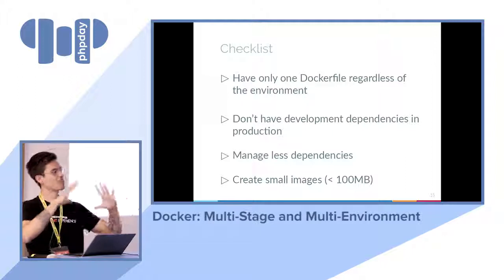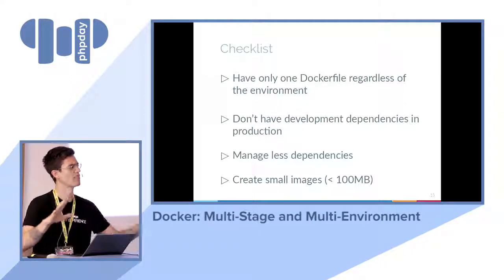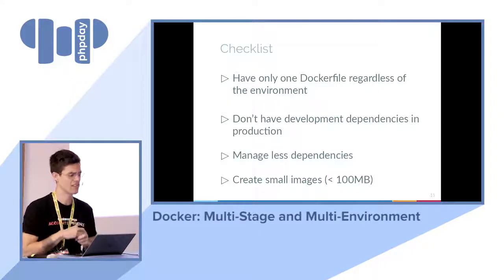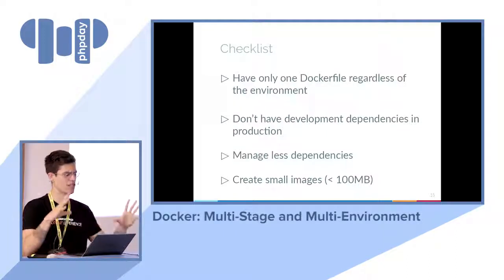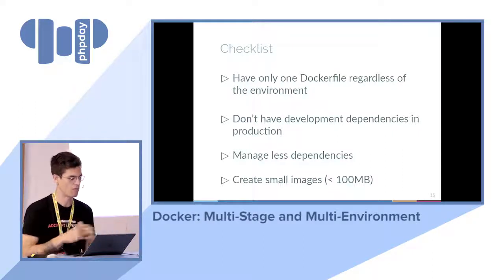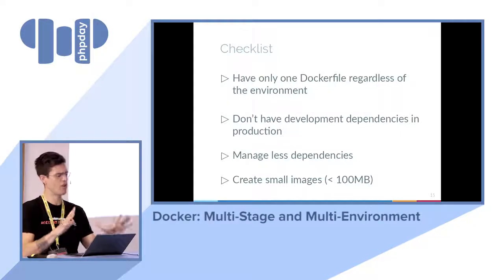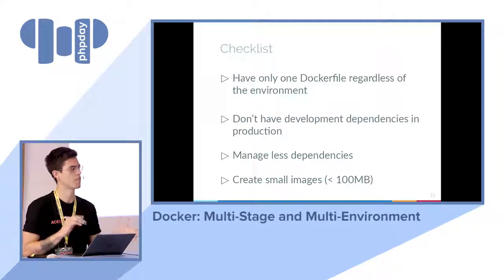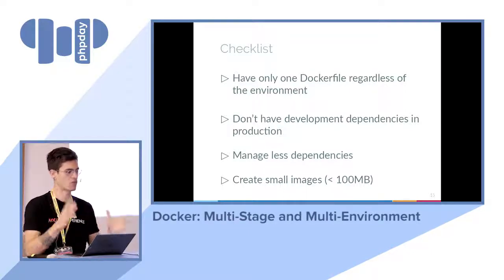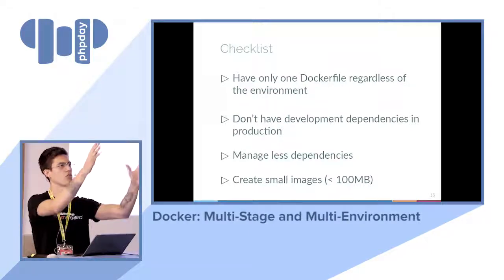Based on that, I created my checklist. I have this scenario: what would be the perfect thing for me, and how do I want to work with Docker in all my projects? I would like to have only one Dockerfile, independent of my environment or what I'm doing, so I keep focus on only one Dockerfile.